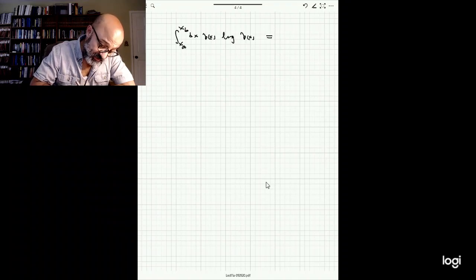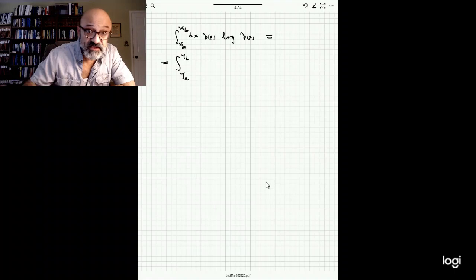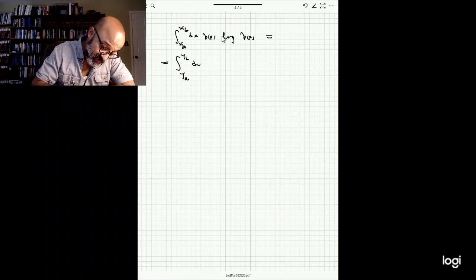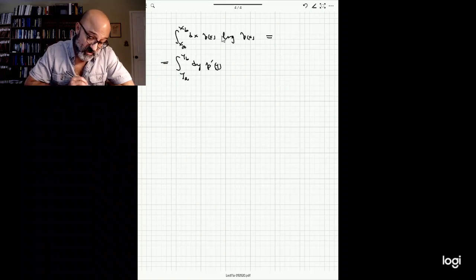This is going to be equal to, now these are the corresponding ya yb's, dx happens to be invariant, and so this is the guy that's just py dy.